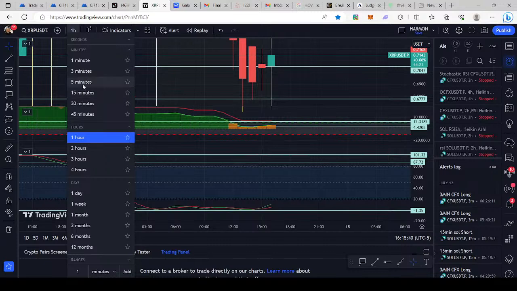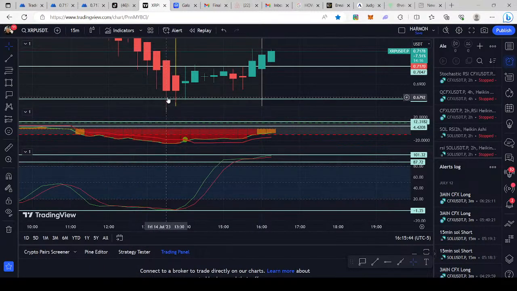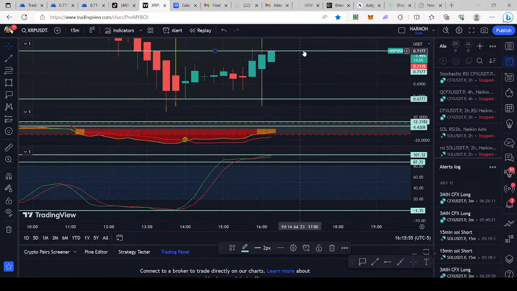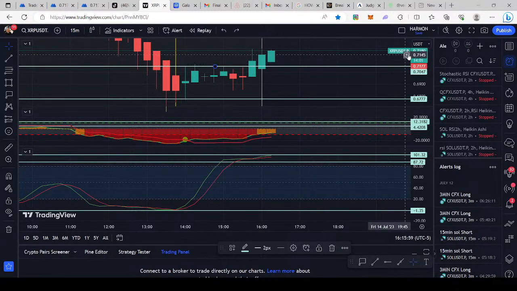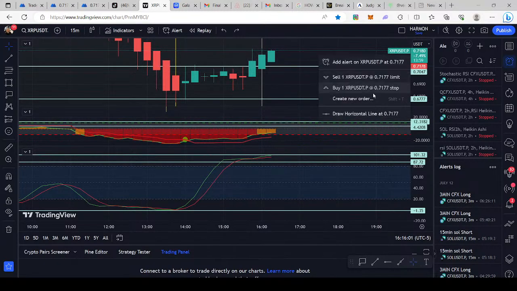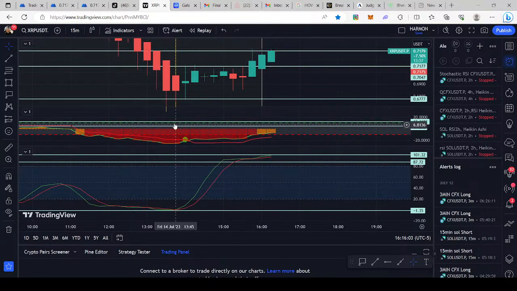Once we had that area set up, we then go to our 15 minute and we watch it go up and set a precedence of a high, which is what we're seeing right now. A little bit of a buy zone high here. And then we'll see it pull back down, and that's where we want to start getting a little more aggressive for the trades that we want to do here.